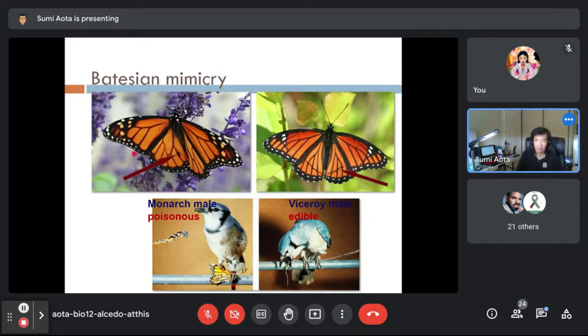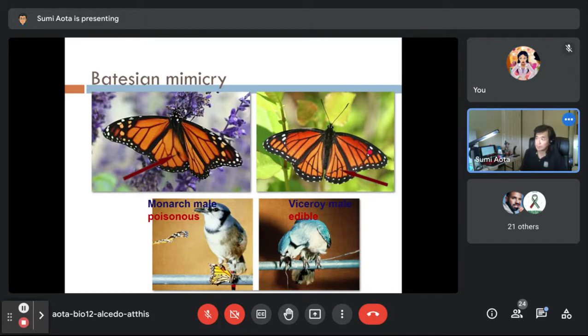It's learned. This only works as long as the monarch is the first butterfly that the naive bird encounters. If it encounters a viceroy first, it obviously doesn't work. Okay, so this is another example of Batesian mimicry. So this is the model, and this is the mimic.